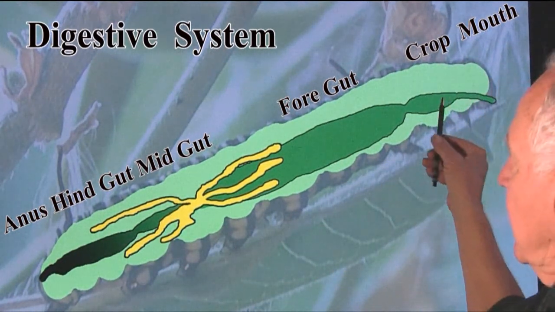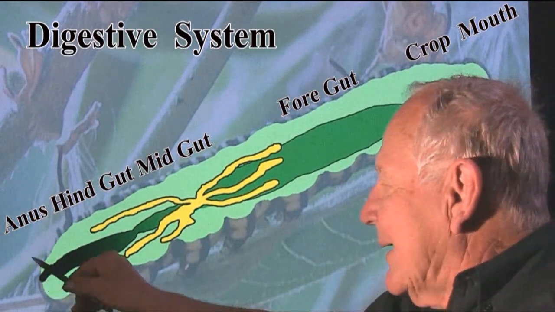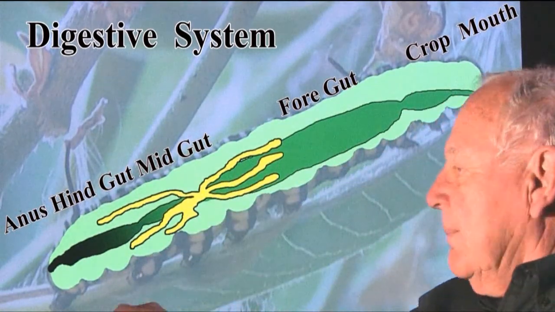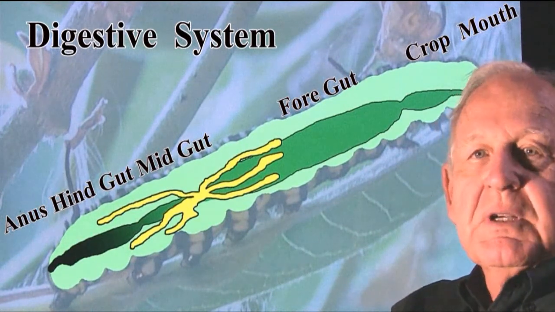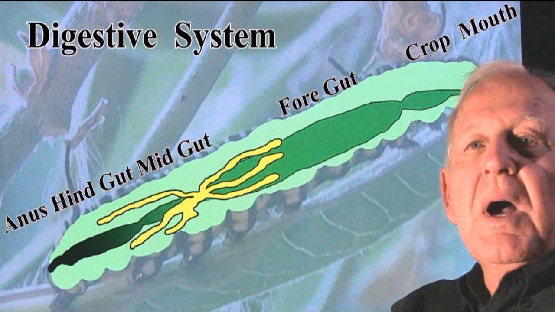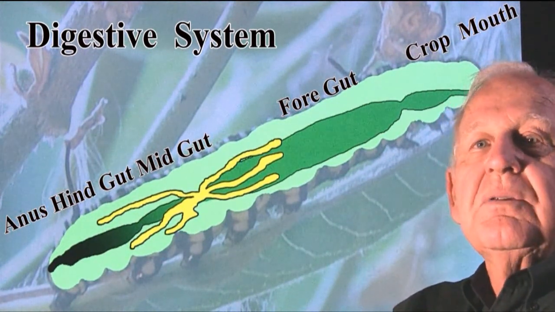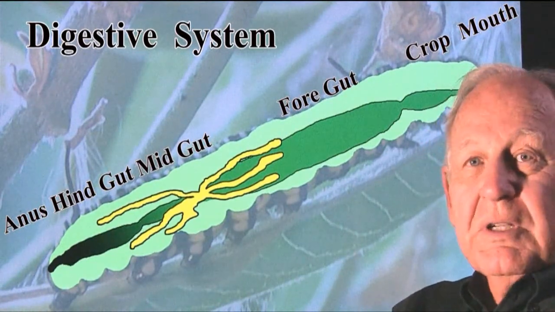From mouth, food is disassembled all the way down this tube, finally exits from the anus. Along the way, mostly plant material is digested. Carbohydrate material is reduced from larger molecules to smaller molecules and absorbed into the internal system. Some fats and some proteins.